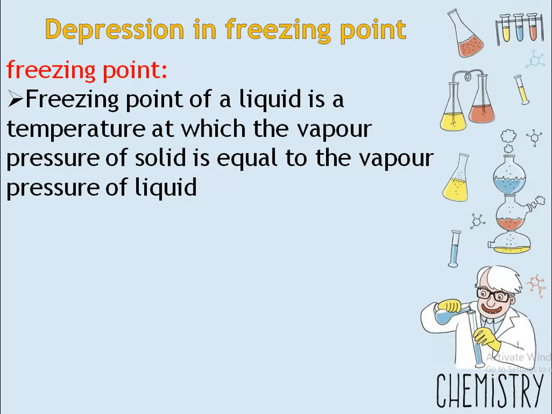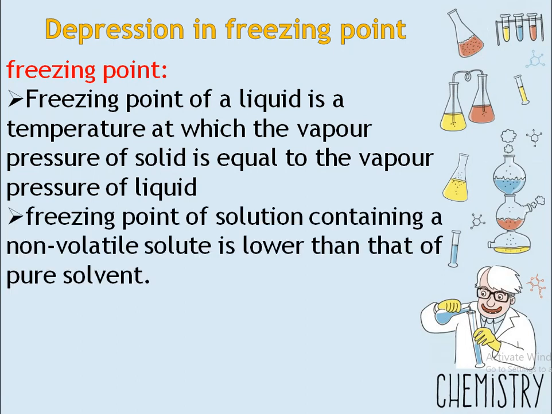As a result, the solid will reach equilibrium with the solution at a lower temperature than with the pure solvent. So in short, the freezing point of a solvent is lowered by dissolving a non-volatile solute in it. So we can say the freezing point of a solution containing a non-volatile solute is lower than that of the pure solvent.